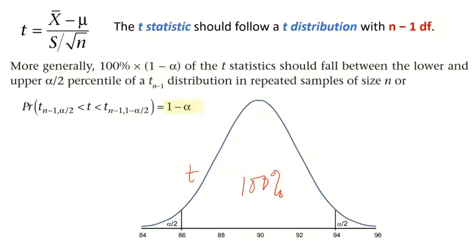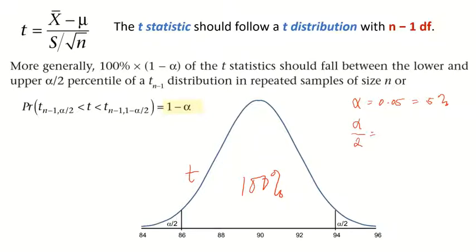Now, we will assume a value we call alpha. Alpha will be a small portion of the area under the t-distribution. Say we can give it a value of 0.05 or 5%. If we divide this alpha by 2, then we have a notation alpha over 2.